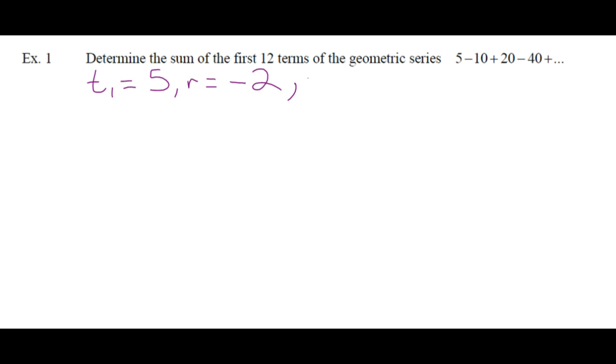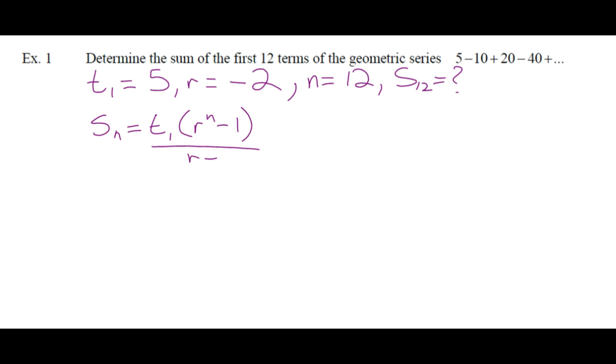Okay, what else do we know? n is 12, and we want to work out S12. And we don't know what that is, but we're going to use the formula that involves the first term and the number of terms. So I'm going to say S sub n is equal to t1 (r to the n minus 1) over r minus 1.